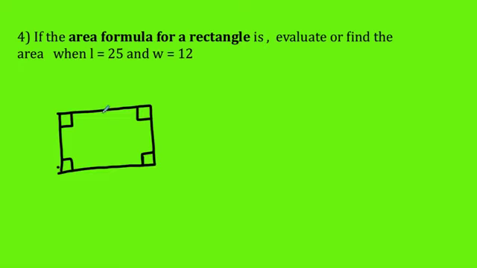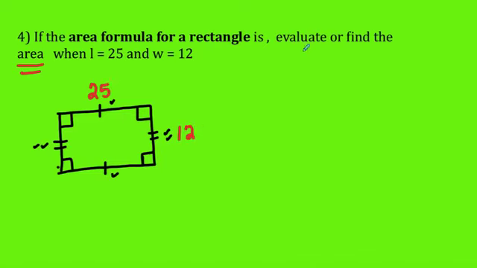And opposite sides are equal. We use these little hash marks to say that they're equal to each other. So I know that this side and this side are equal, and I know that this side and this side are equal.